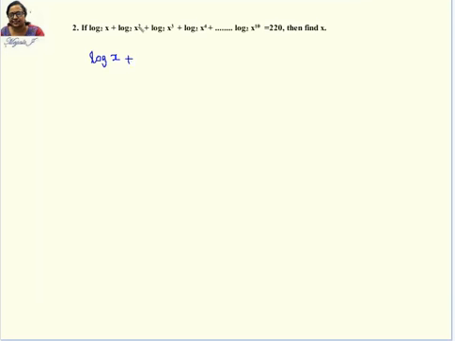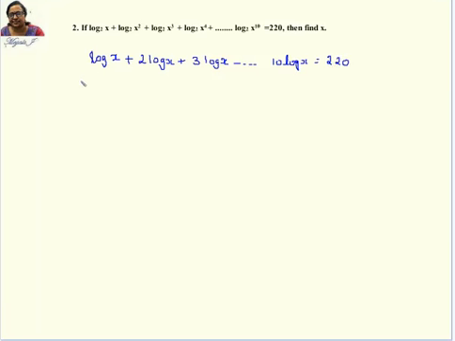So what will happen to this? Log x square will become 2 log x. Good. Similarly, it's going to be 3 log x. And then finally it is going to be 10 log x. And this is equal to 220, right?